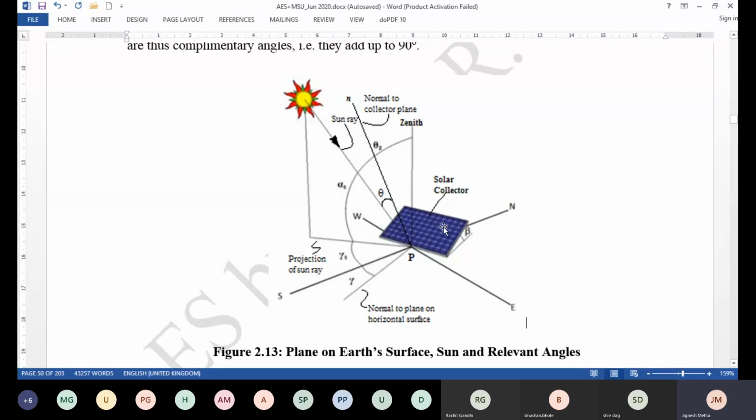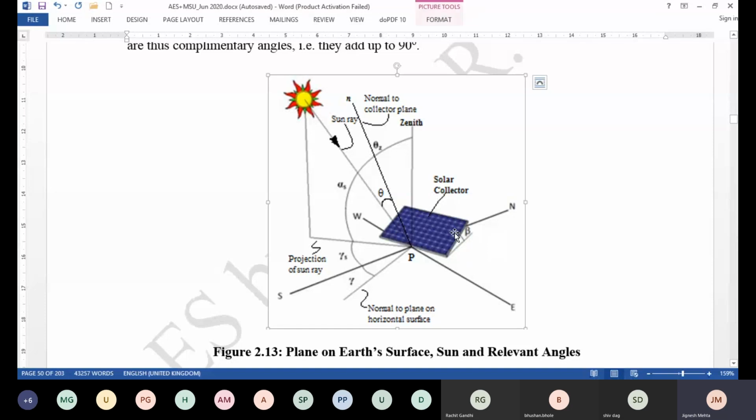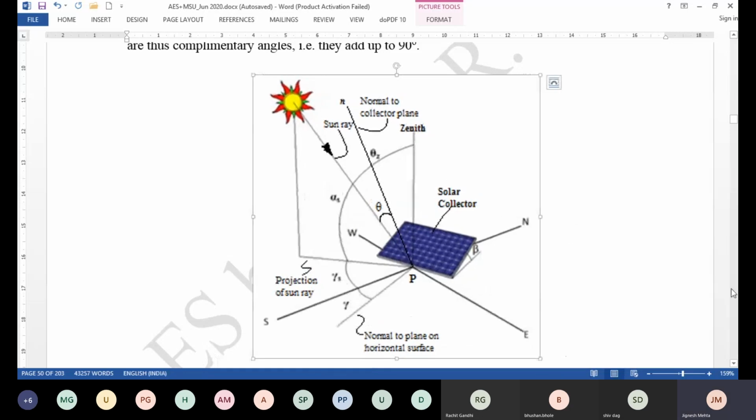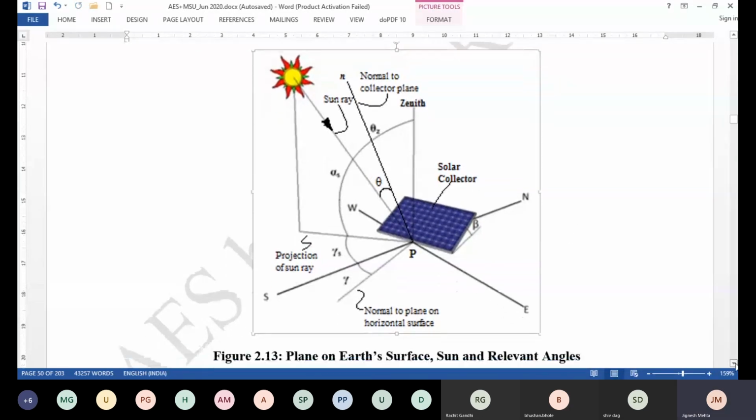So that surface, as you can see, is not kept horizontal, but it is making angle beta with the horizontal, right? Angle beta with the horizontal, and this angle is called tilt angle. That is the angle made by the surface of the collector plane with the horizontal plane.